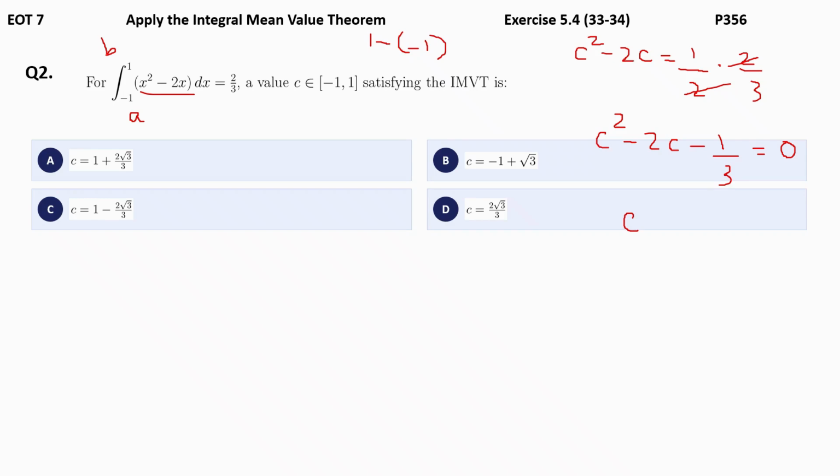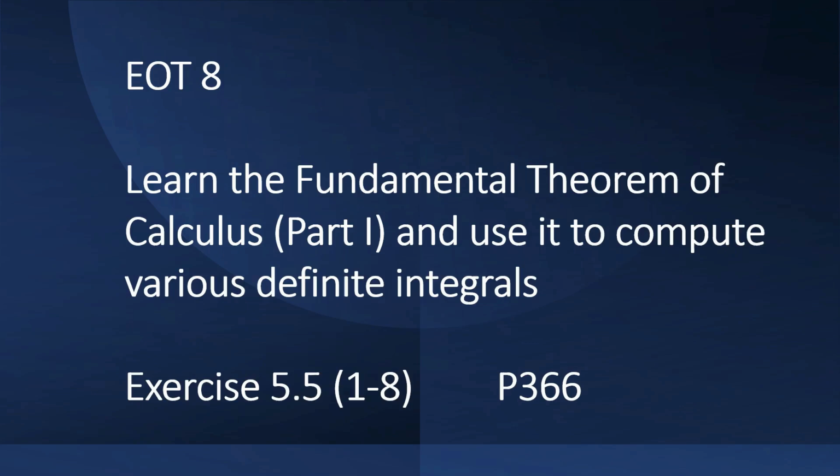At that time you will get two answers. Make sure it ranges from negative 1 to 1. In that case you will accept only 1 minus 2 by 3 root 3. The plus value will be outside the boundary, so you will ignore it and accept only this, which is your option C.